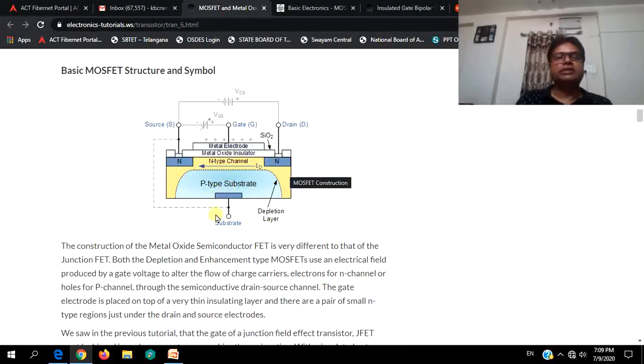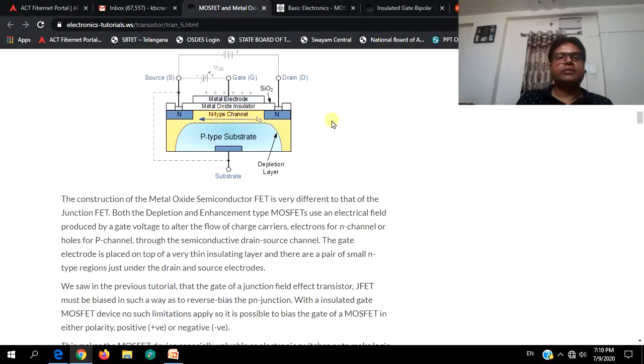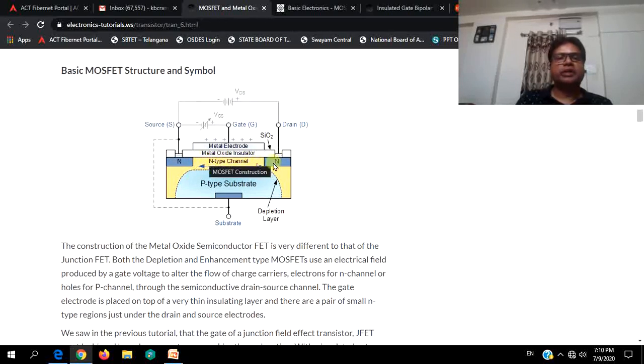This is acting as the base, and the gate to source voltage and drain to source voltage are shown like this. From this figure, we can say that this is an enhancement type of MOSFET.